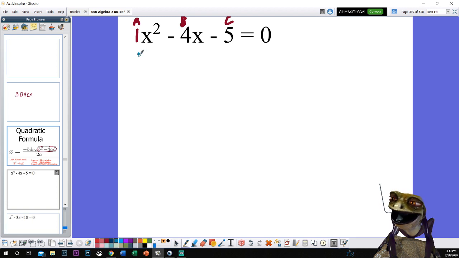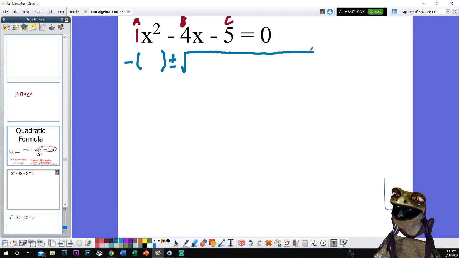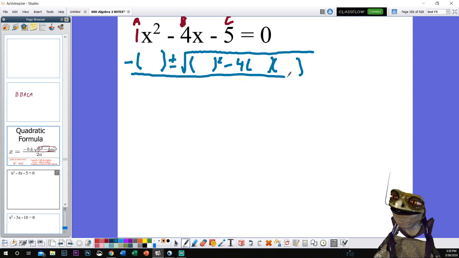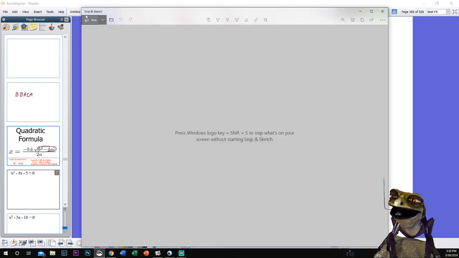So, I'm going to put negative blank plus or minus square root blank squared minus 4 blank blank all over 2 blank.